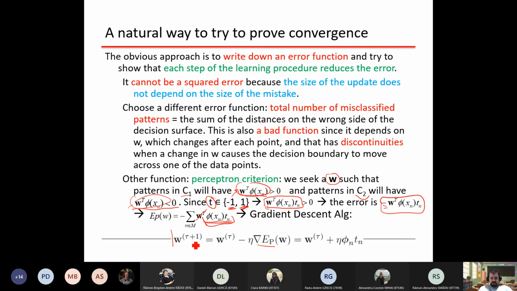So basically, the rule says that the weights at the next step are the weights at this step plus, because we have a minus here and another minus here, which becomes a plus, eta multiplied by phi of xn multiplied by tn. And this is the gradient descent algorithm.